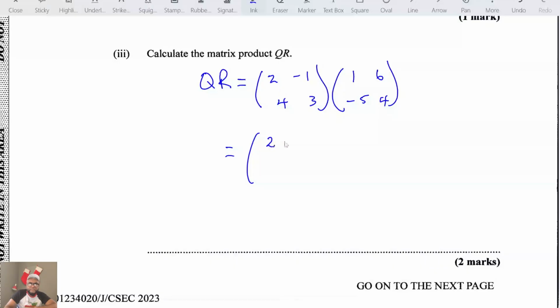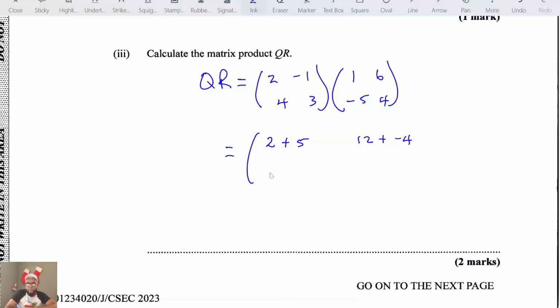2 by 1 is 2, plus -1 by -5 will be +5. Then row by the last column here will be 2 by 6 is 12. And then -1 by 4 would be -4.